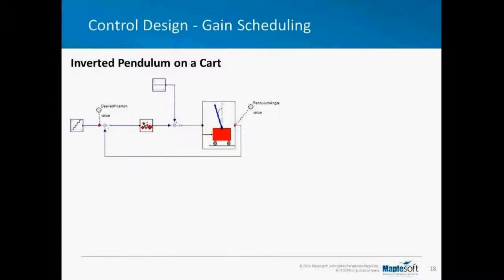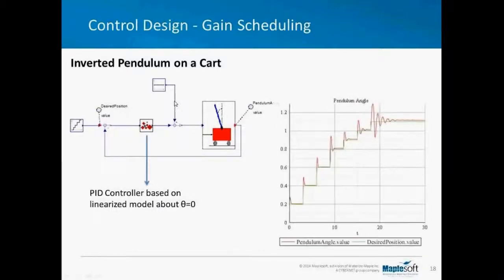We designed a PID controller, and that's based on a linearized model about theta equals 0. This block here is for disturbance. Right now it's at 0. And what we're plotting here is the performance of this inverted pendulum on a cart, but instead of just a stability problem, we're doing one of position control.